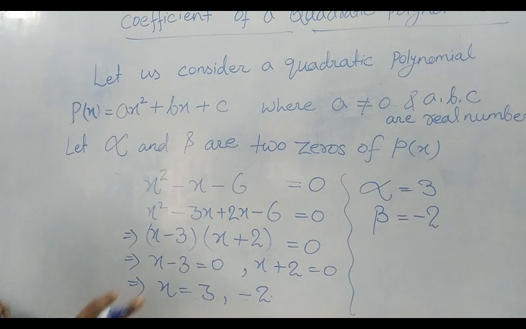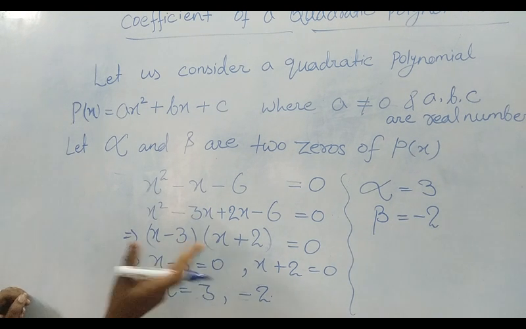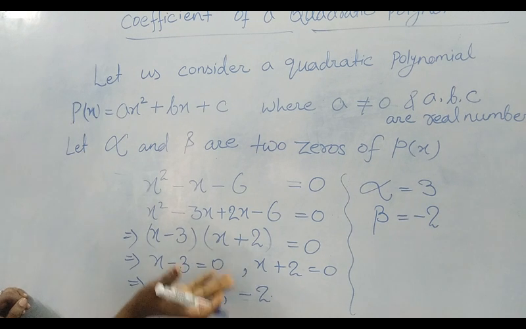Now suppose that when the two zeros are given, then how can you find out the factors? Just go in the opposite direction.